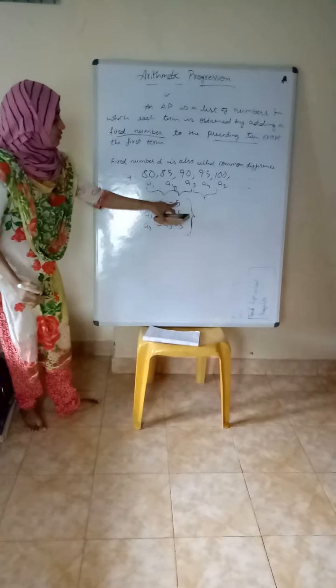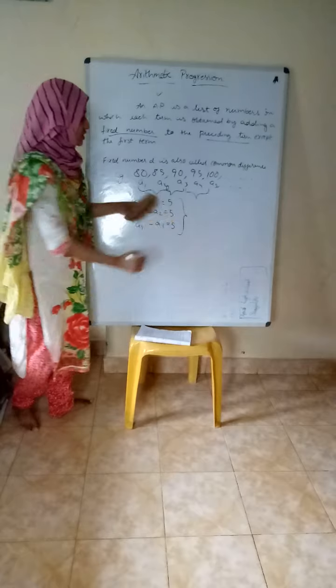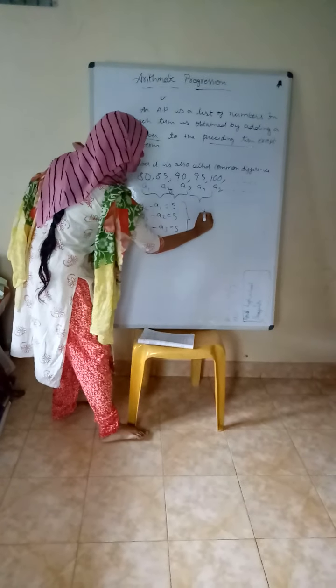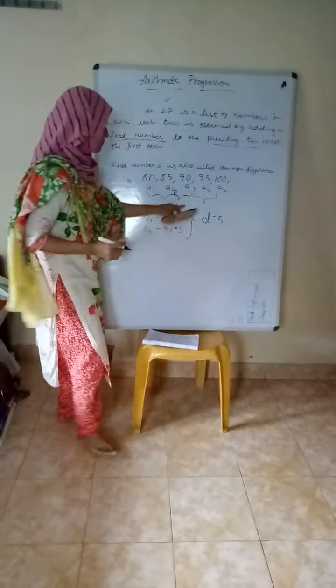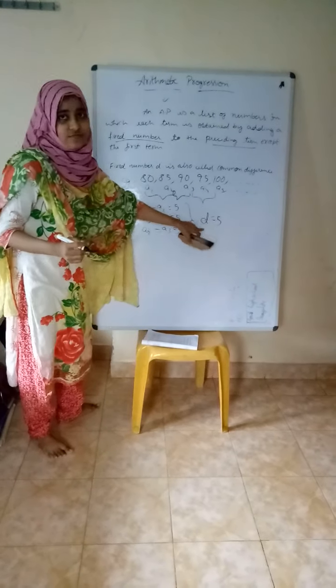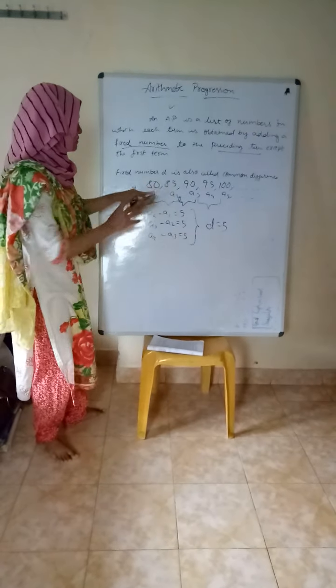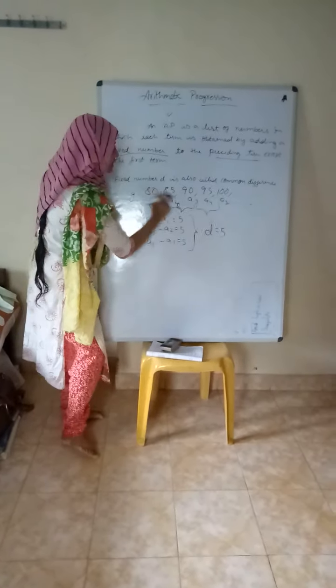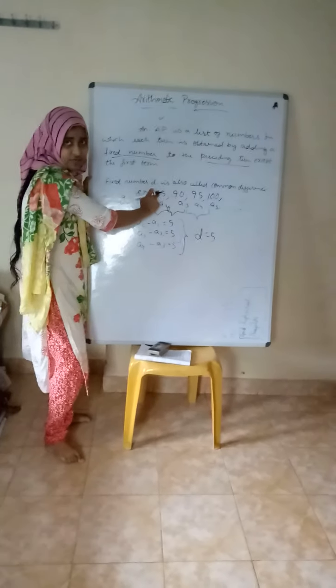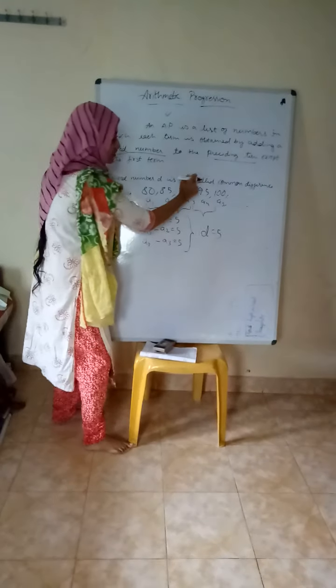See, observe the differences. All differences are the same, so we take D equals 5. This is the fixed term that you are adding to the preceding term. 80 plus 5 you get 85. Then 85 plus 5 you get 90.